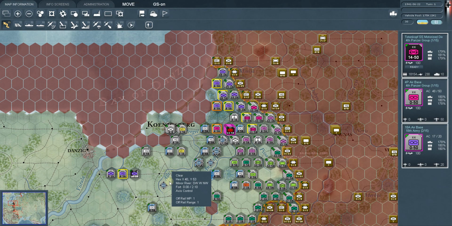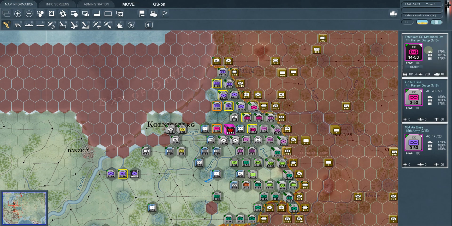The main difference with them is they have a higher morale starting, and we're going to talk about morale in this episode. Morale is probably the most important factor for combat units, and these special elite units have a higher morale. Now, for the Germans, the SS units have a 5 point higher morale in 1941, and then it becomes 10 and then 15 higher as the game goes on. Again, we'll get into morale and we'll talk about national morale, which is the baseline for all of your units' morale.